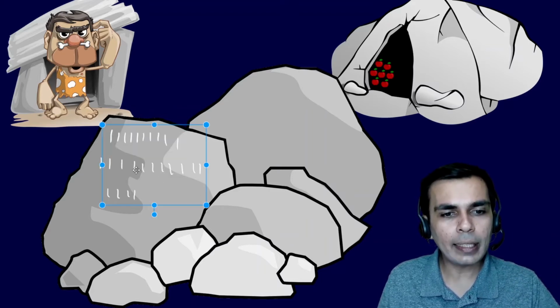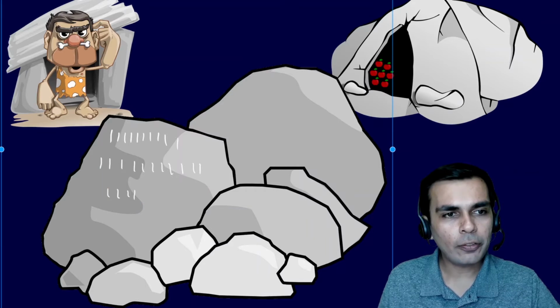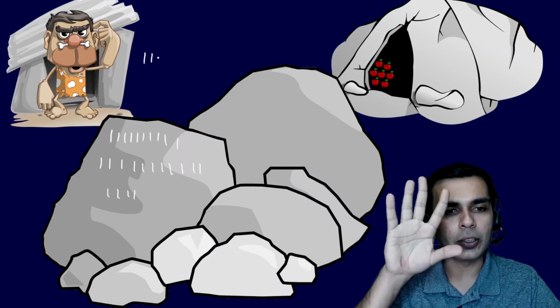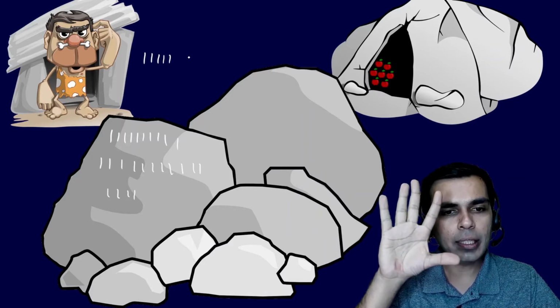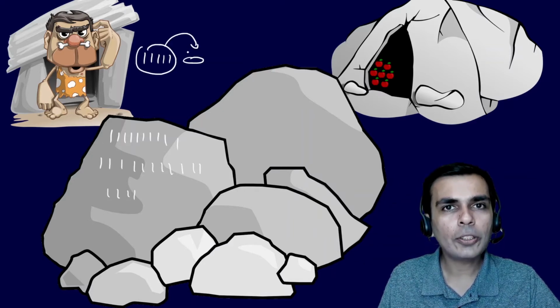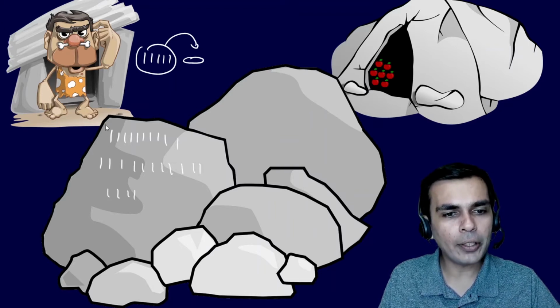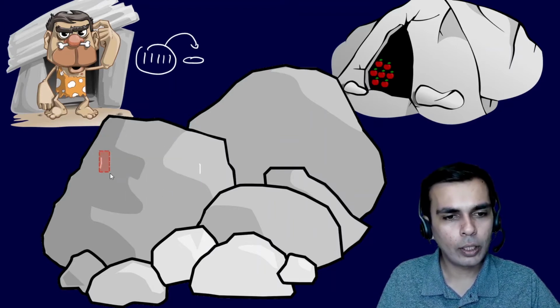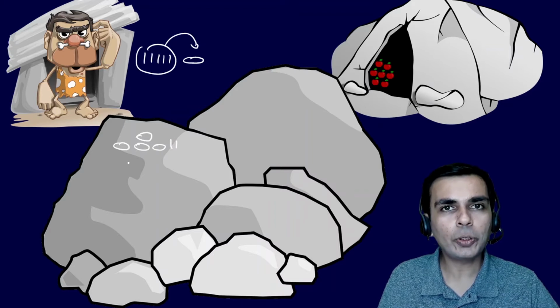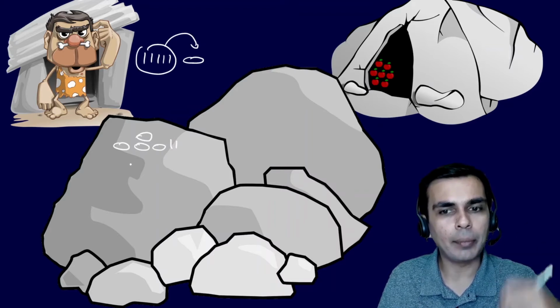So we decide that instead of these one hand here, for 5 of these, we'll use the symbol of a stone. So next time if you had to write 22, you would just draw 4 of these and 2 tally marks. It's easier than 22 strokes, right? 22 tally marks.